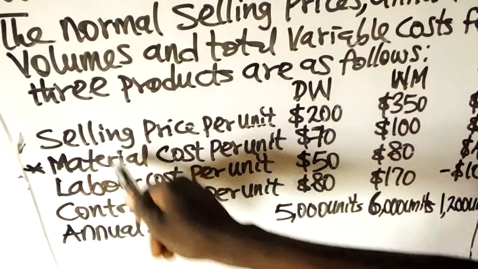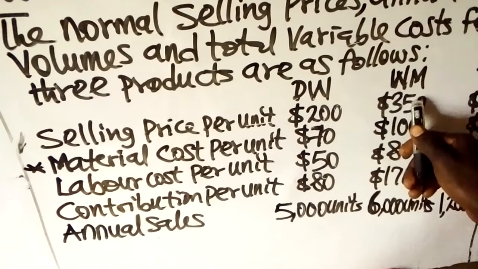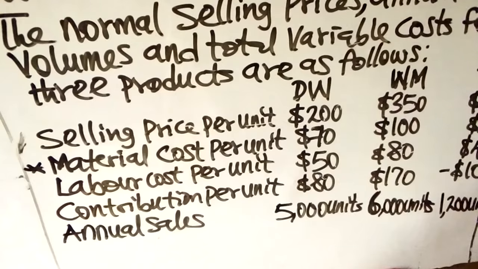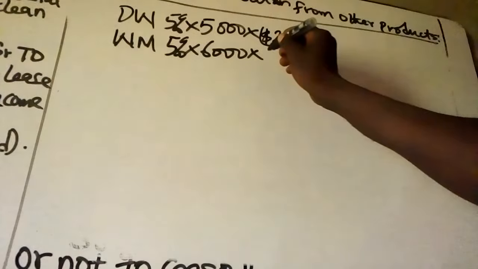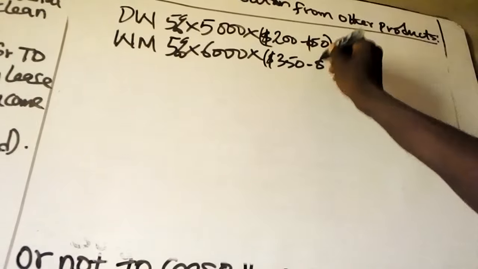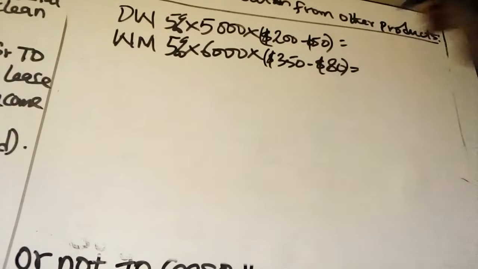I'm considering the selling price and labor cost. Then for WM, we have 350 minus 80.